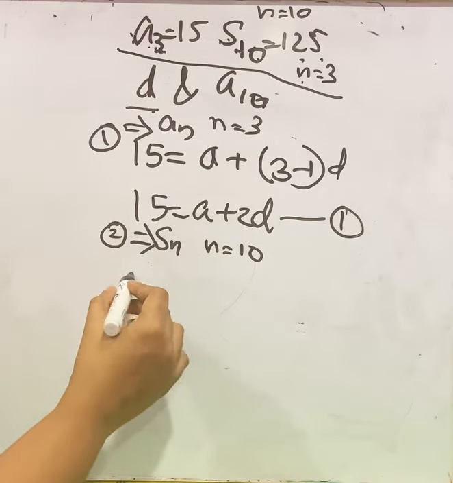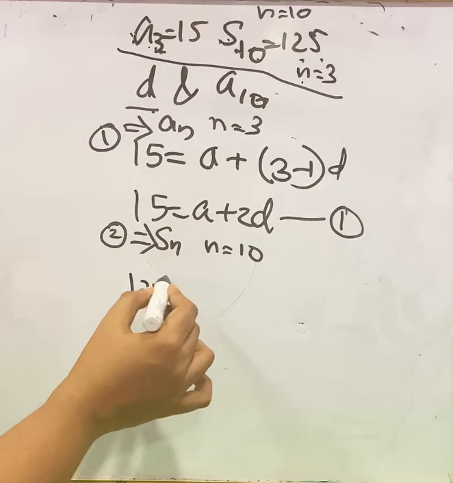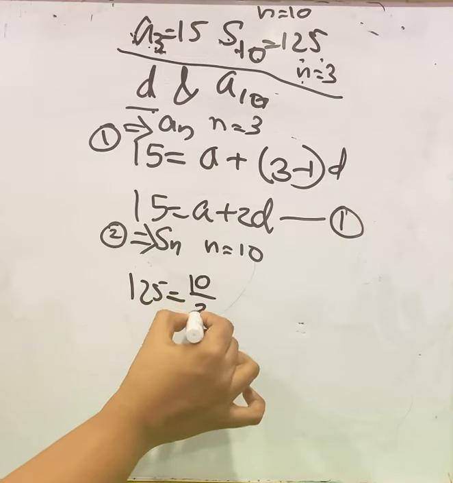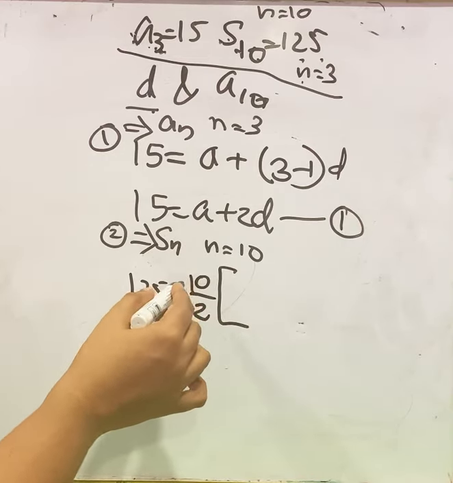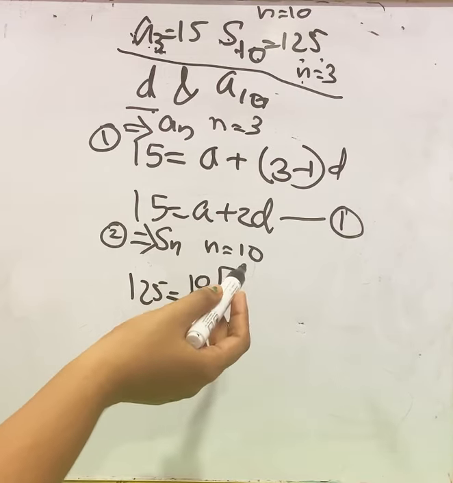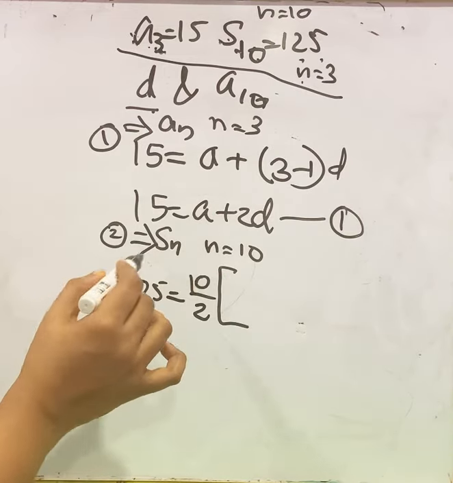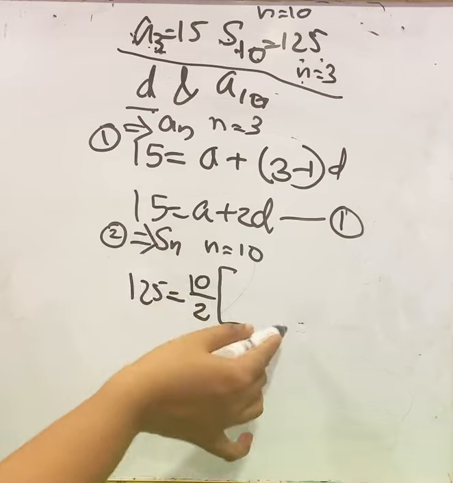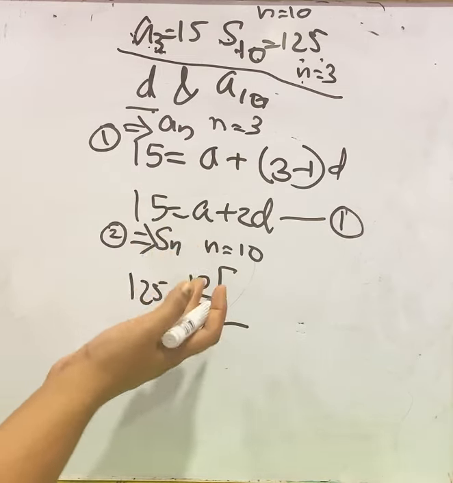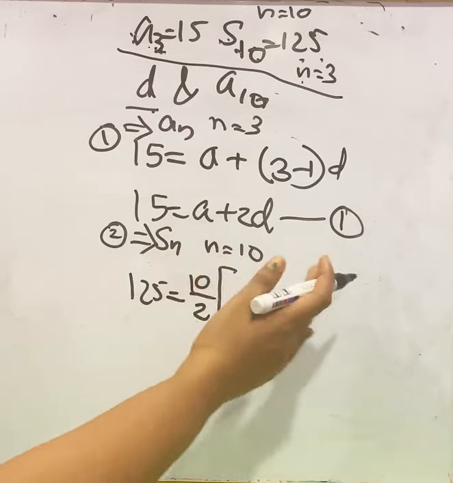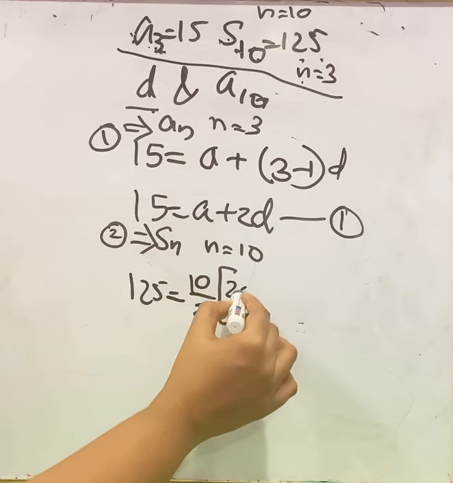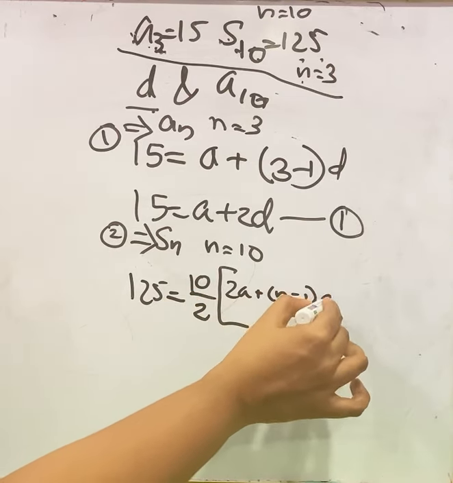Now S10, 125 equal to n by 2, that is 10 by 2, inside the bracket 2a plus (n minus 1) into d. Here we don't know the last term and first term, that is why we are considering that equation. If we know the last and first term, we can use a plus an. Now we are considering 2a plus (n minus 1) into d.